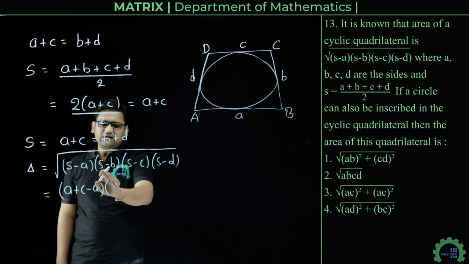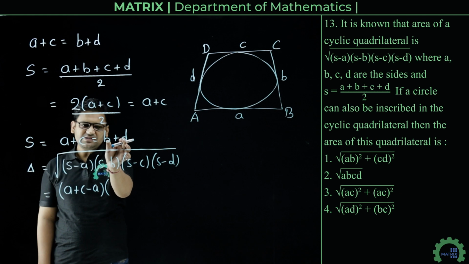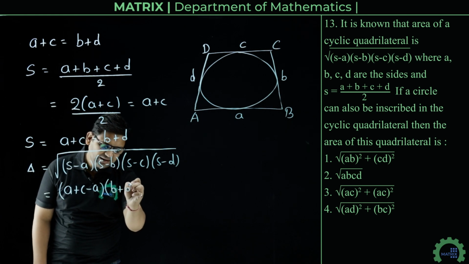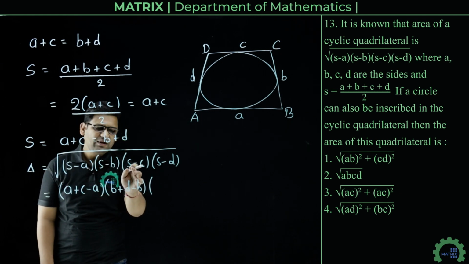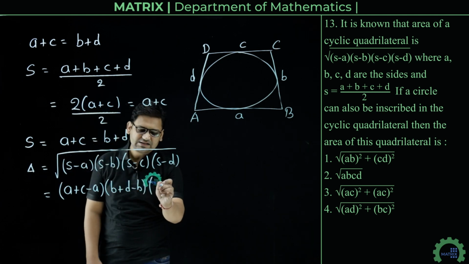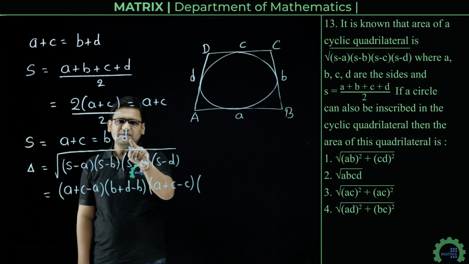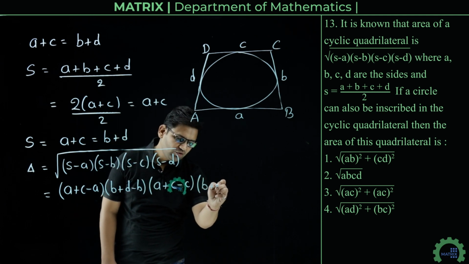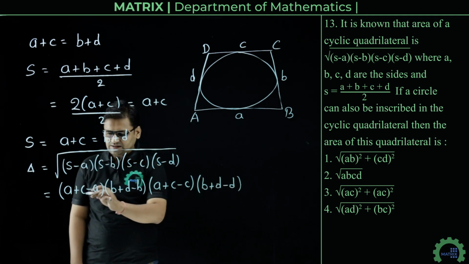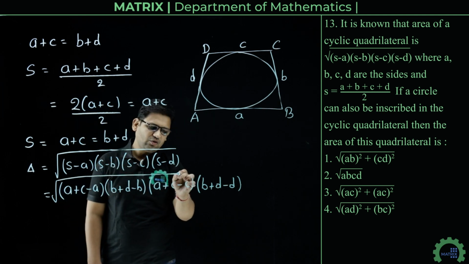Again we can put the semi-perimeter as b plus d, so b plus d minus b, multiplied by again a plus c minus c, and b plus d minus d, whole square root. This is the area of this cyclic quadrilateral.